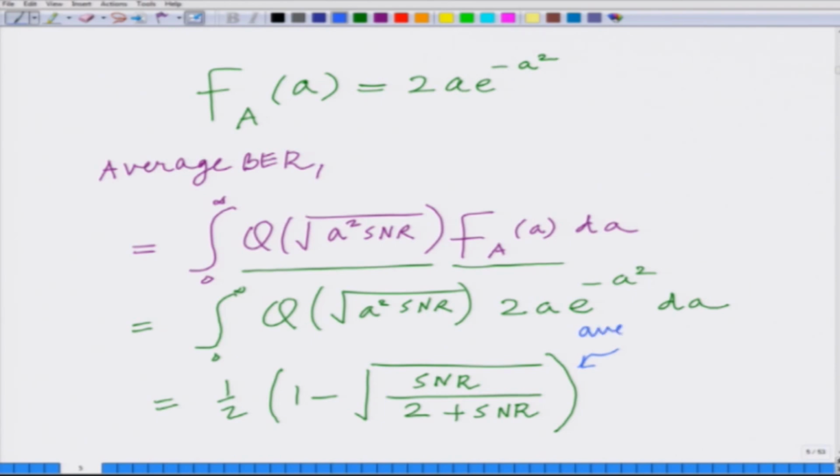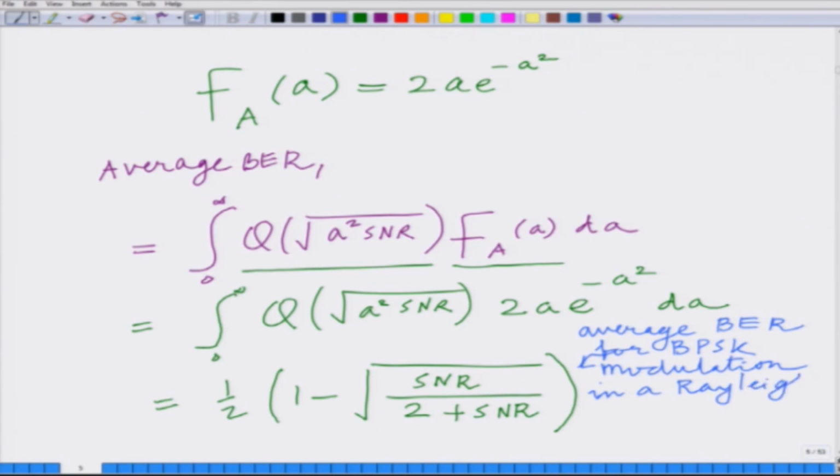So, this is the average bit error rate for BPSK modulation in a Rayleigh fading channel.